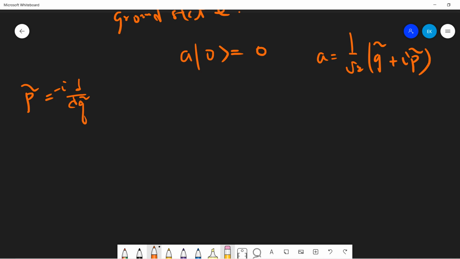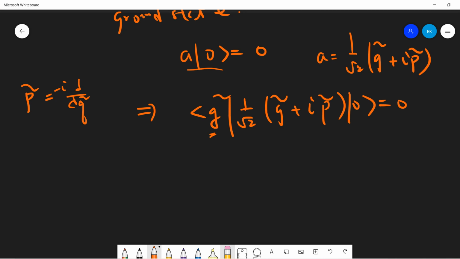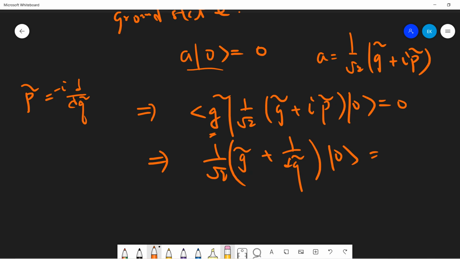Okay, so here I can take q as an eigenstate, and a becomes 1 over square root of 2 times q tilde plus i p tilde acting on the ground state, which becomes 0. So the left hand side will be q tilde plus d over d q tilde, right, acting on 0, and this q tilde and 0 matches as the ground state, so it's phi 0 of q tilde.